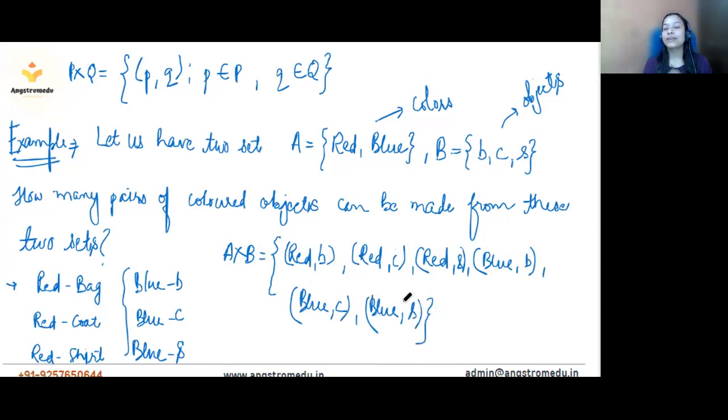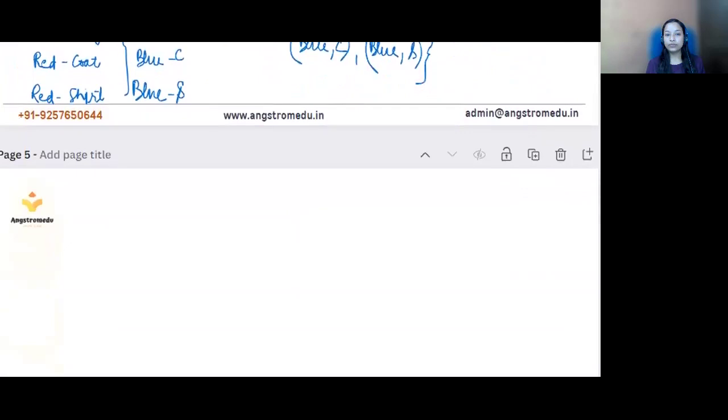This is how you write the Cartesian product. I hope we understand the physical meaning of the Cartesian product, so we can go further ahead.